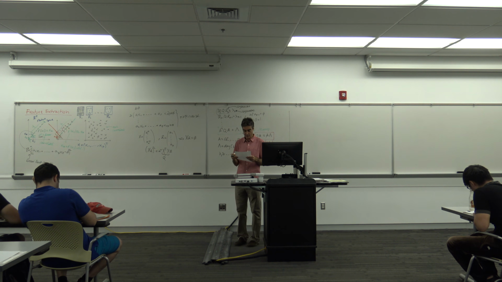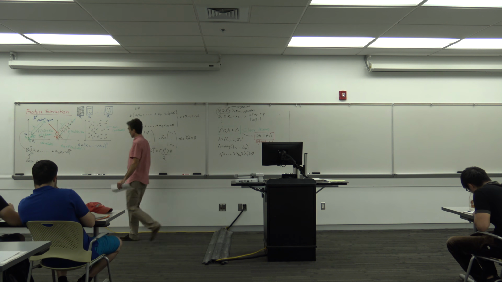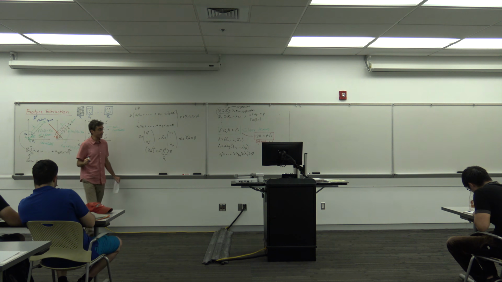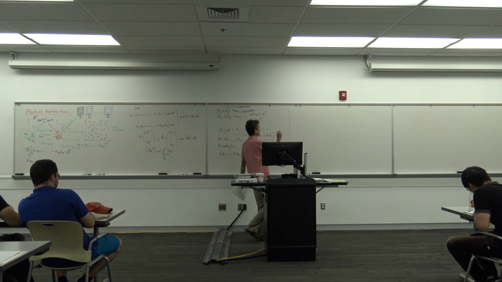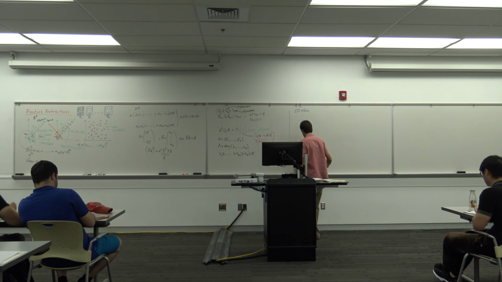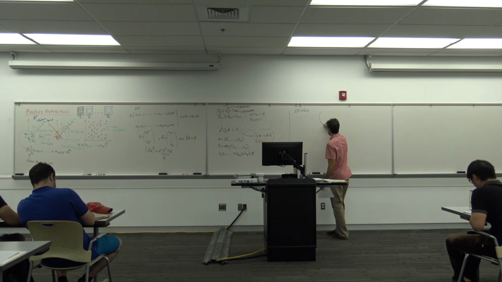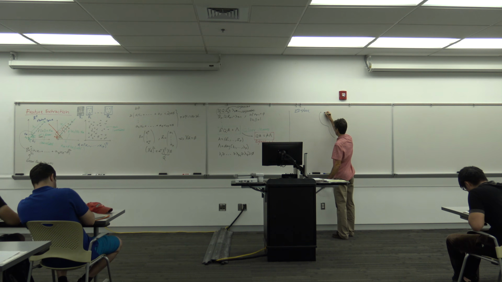Just as a very quick overview of Lagrange multipliers, let's think about the 2D plane. So imagine that you live in the 2D plane, and you have a function, I'm going to call it g.